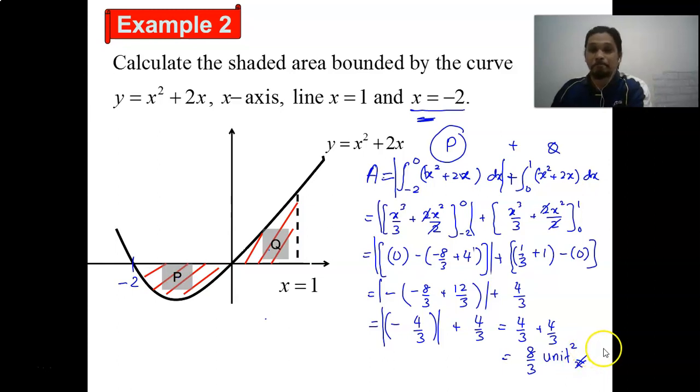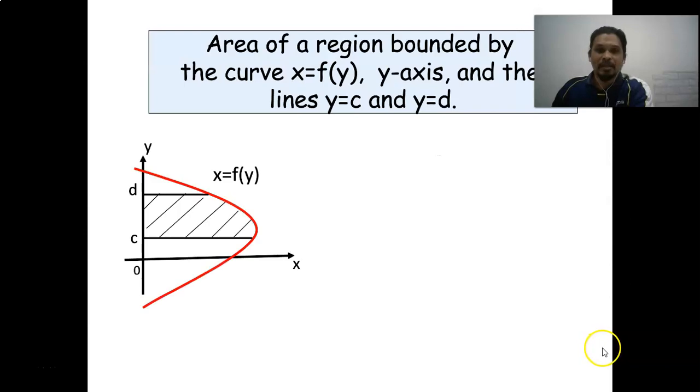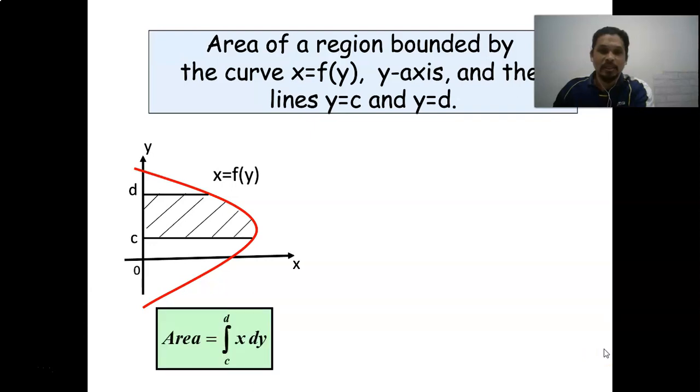Next, the area of the region bounded by the curve x equal to f(y), the y-axis, and the lines y equal to c until d. So the area, we start from c until d here, we have the integral of x dy from c until d.